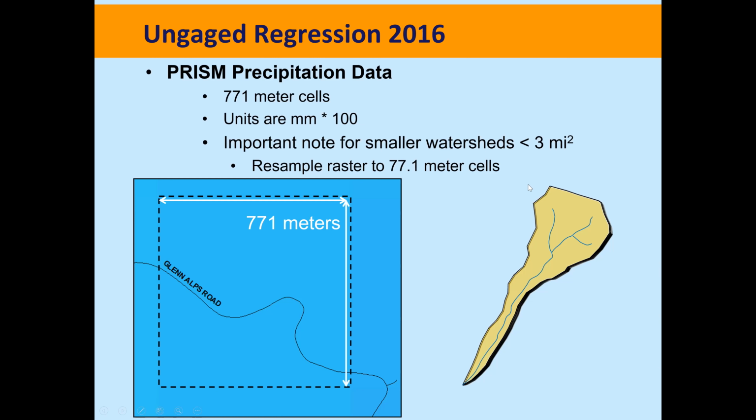So they did a clever thing and just resampled the raster to a little bit smaller size, kept all the same geometry overall, but just moved the decimal place over and resampled the raster to get more cells within that watershed and a better average for the precipitation in that watershed.